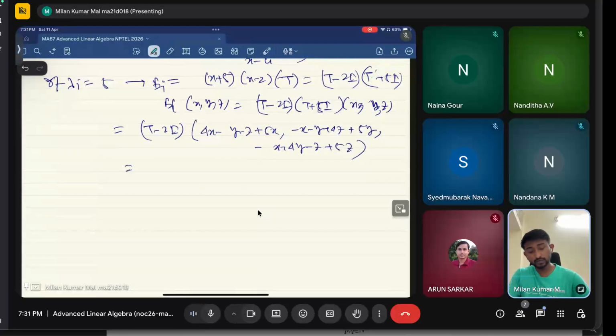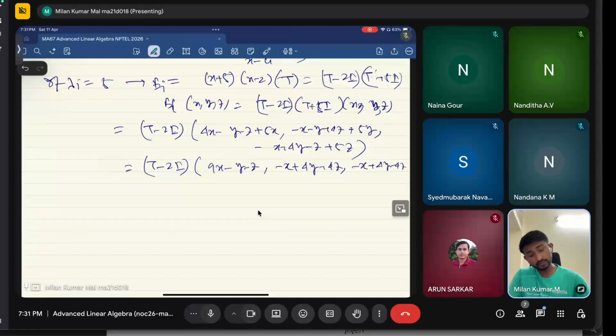This is what it is. So this will be like (T minus 2I) of 9x minus y minus z comma minus x plus 4y plus 4z comma minus x plus 4y minus 4z.